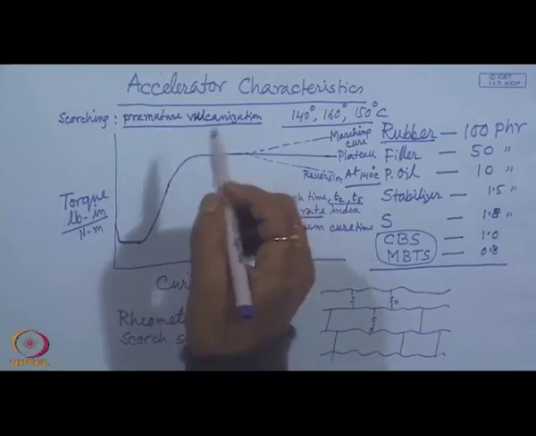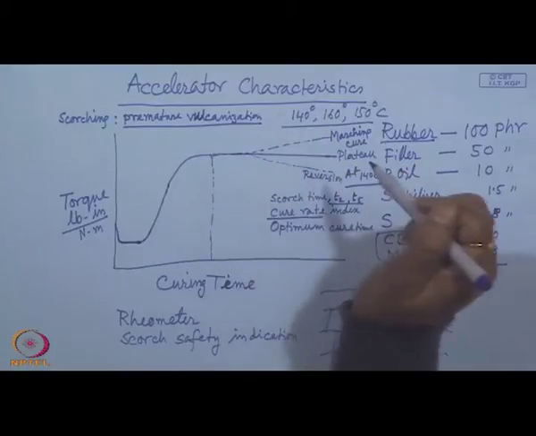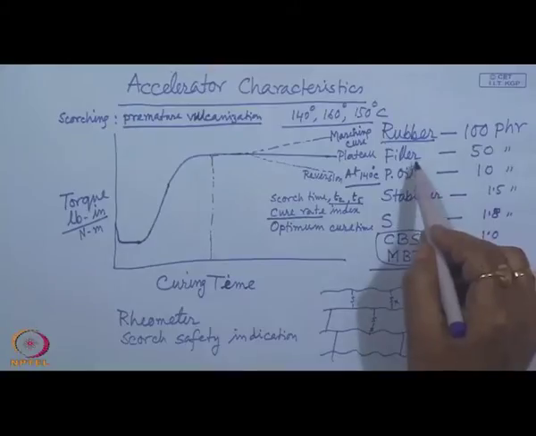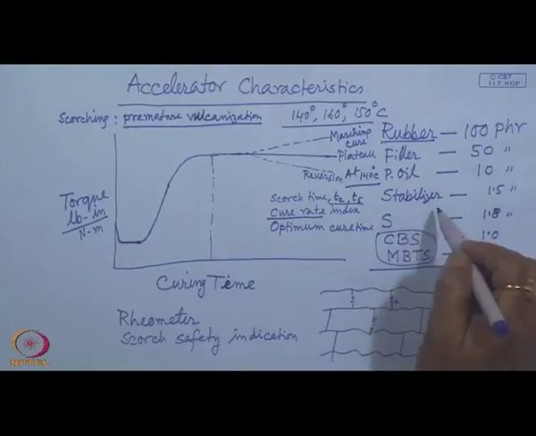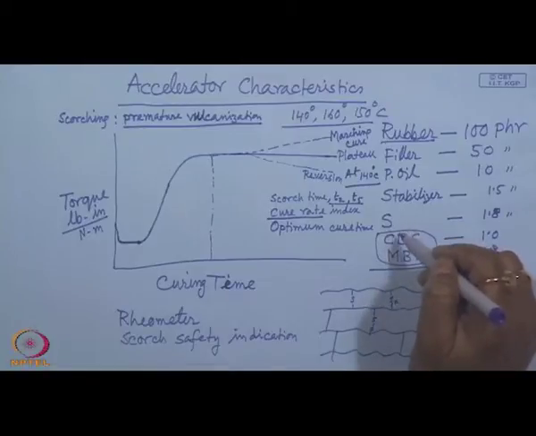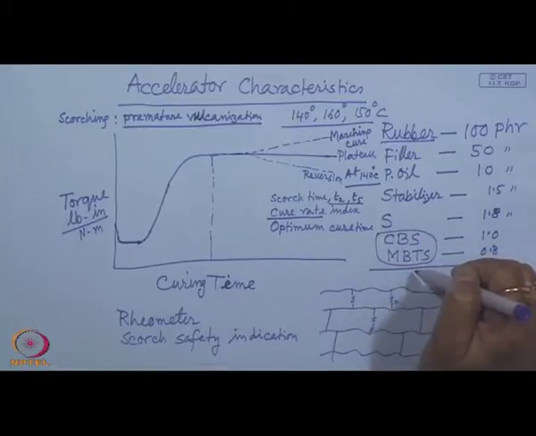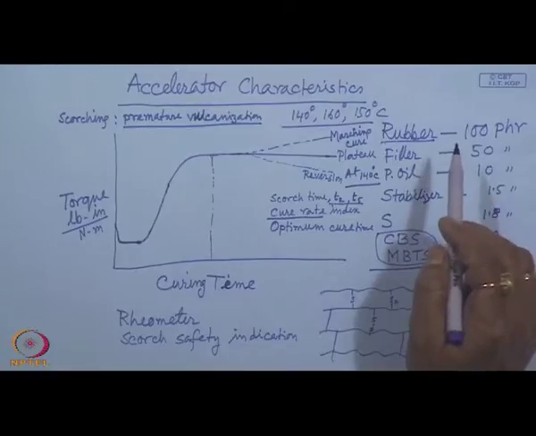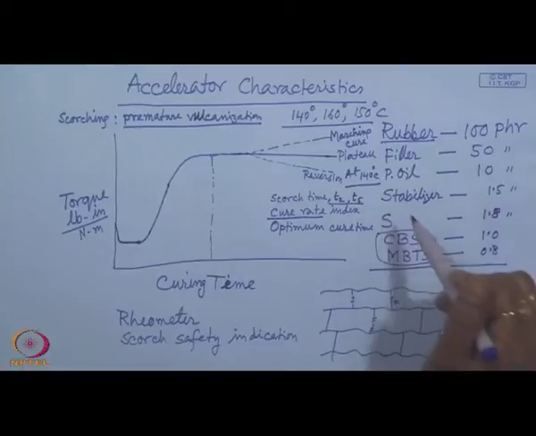Now, because this rubber compound is prepared by mixing with filler, stabilizer, process aids, other things and sulfur, accelerator, etc. Now, during compounding, the compound temperature rises to beyond 70-80 degrees Celsius. So, the compound should not start curing during such compounding.